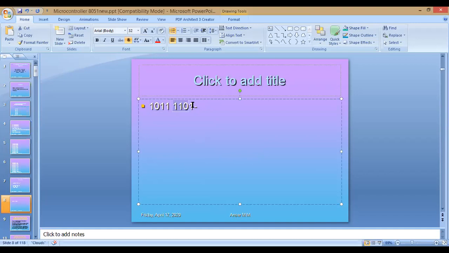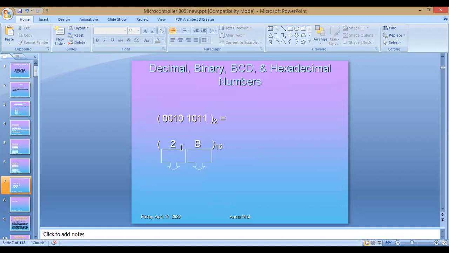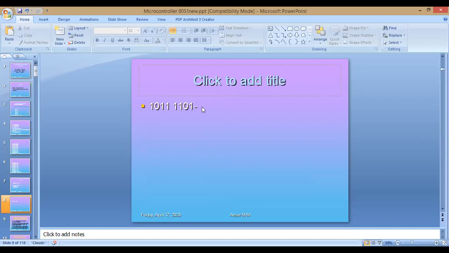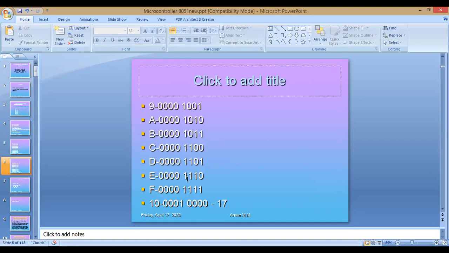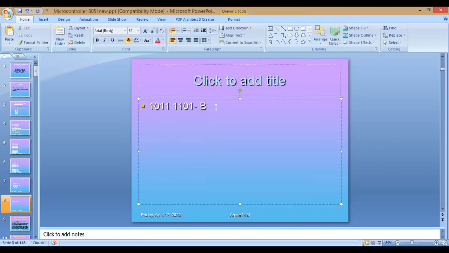The equivalent hexadecimal of 1011 is B, so the first digit is B. The second nibble, 1101, is equivalent to D. So the equivalent hexadecimal number will be BD.